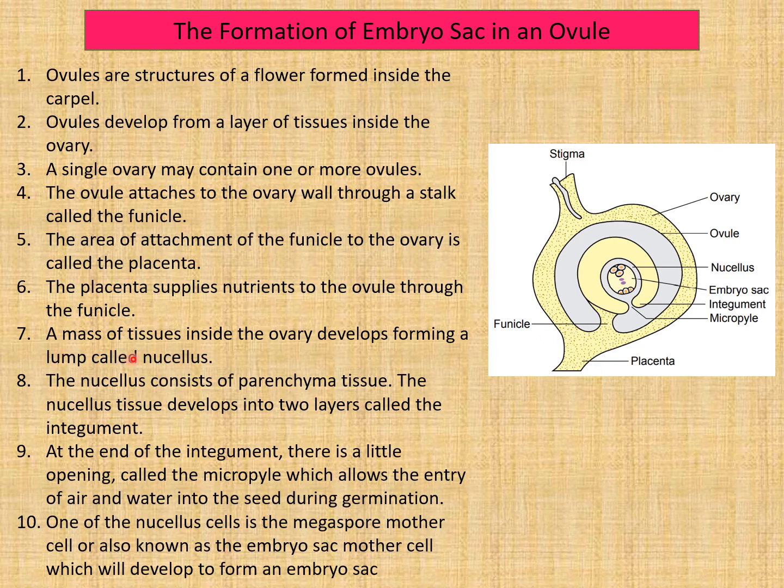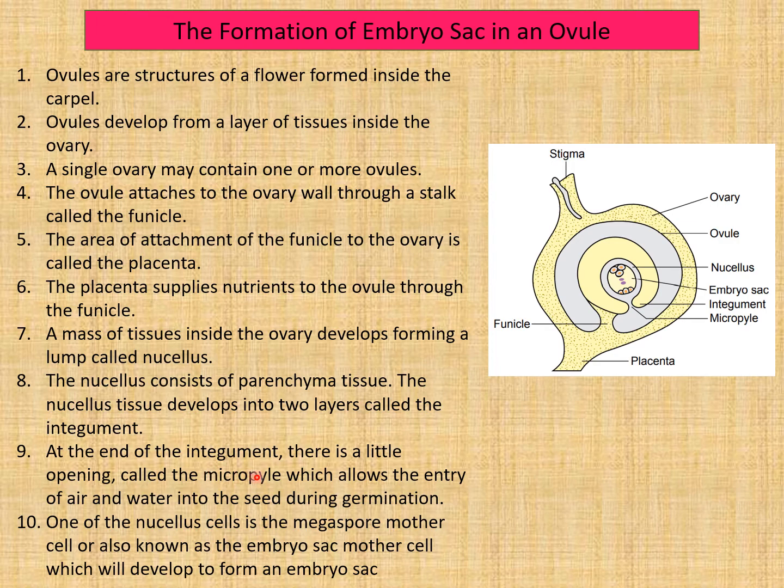A mass of tissue inside the ovary develops, forming a lump called the nucellus. Okay, this is the nucellus. The nucellus consists of parenchyma tissue. The nucellus tissue is surrounded by two layers called the integuments.